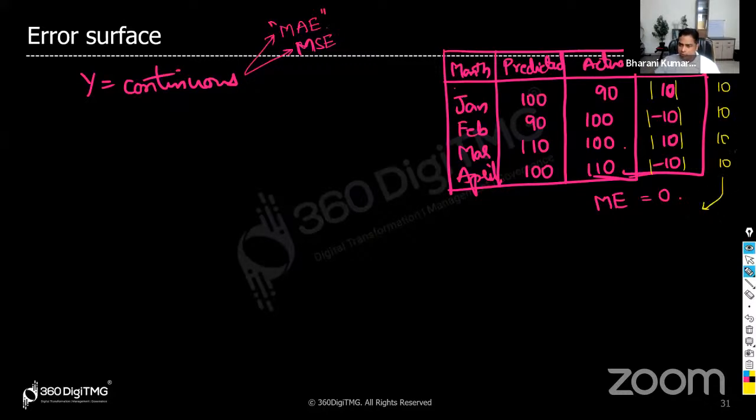Then when you take an average of these, you get 10, right? 10 plus 10 plus 10 plus 10 is 40. 40 by 4 is 10. So you got some mean absolute error. And your job is to minimize this. Your algorithm, through your gradient descent algorithm, wants to minimize this error.